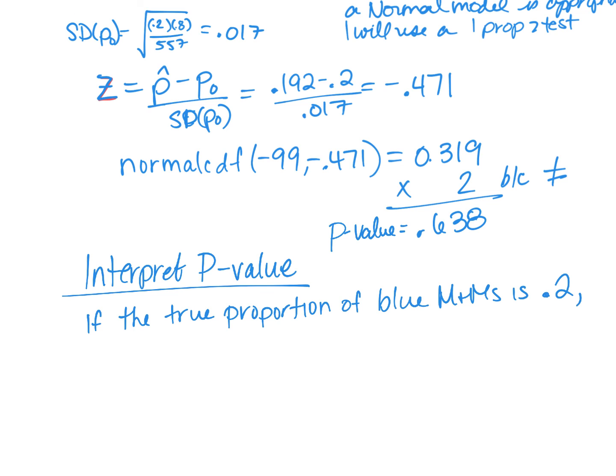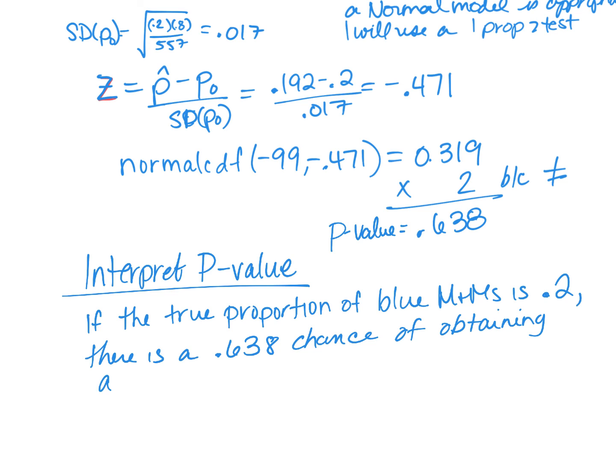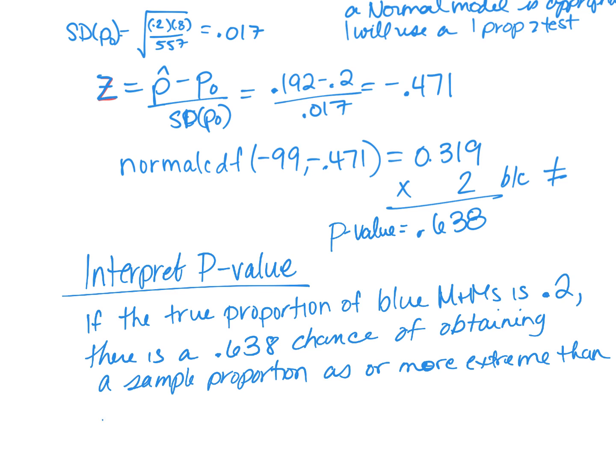When we interpret the p-value, it means if the true proportion of blue M&Ms is 0.2, there is a 0.638 chance of obtaining a sample proportion as or more extreme than 0.192.